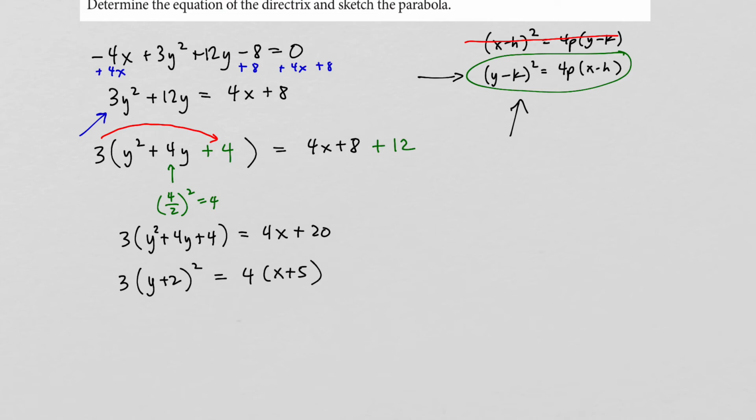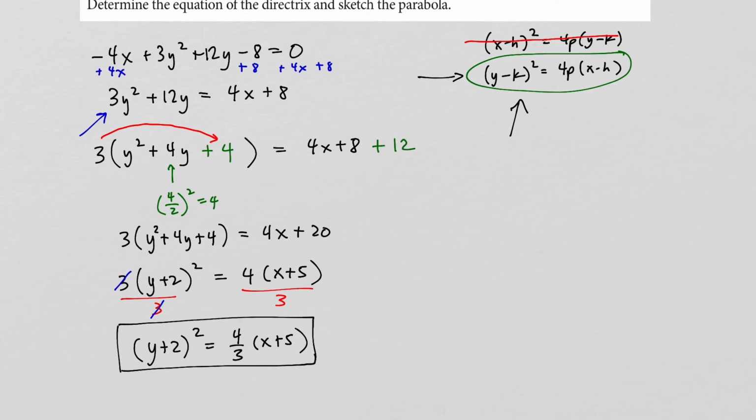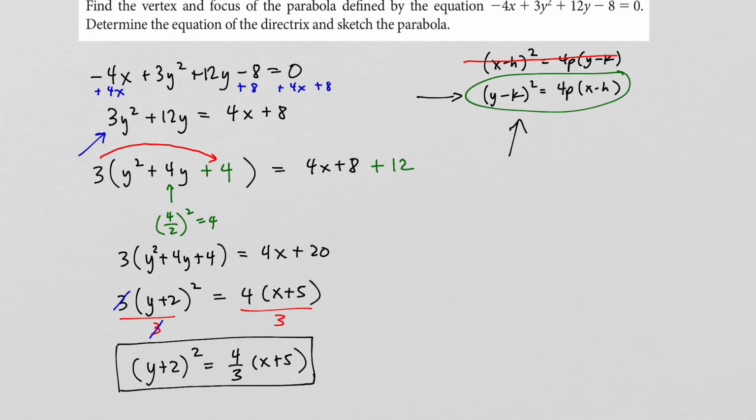And the last thing I need to do is divide both sides by 3. And that will cancel the 3 here. And we end up getting y plus 2 quantity squared equals 4/3 times x plus 5. And now we have the standard form of the equation of this parabola. And now we should be able to easily identify the vertex, the focus, and the directrix. And also, we should be able to sketch a graph.